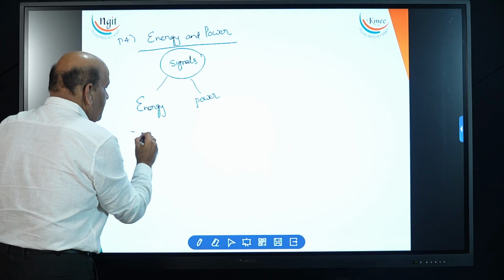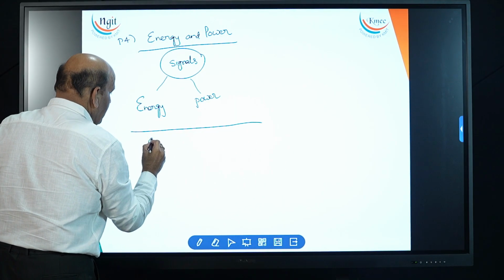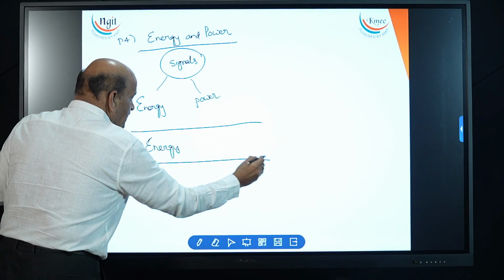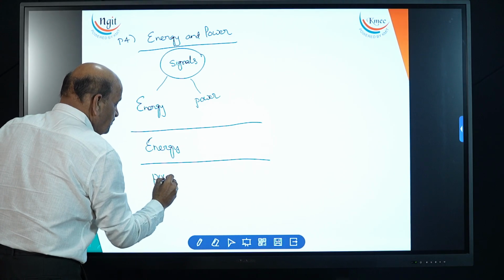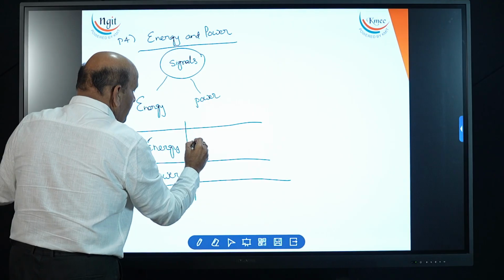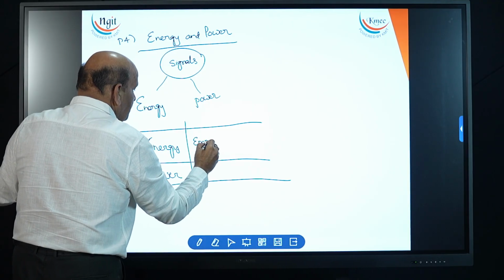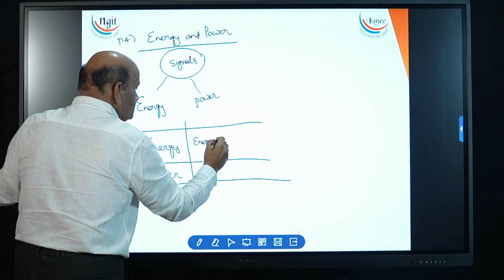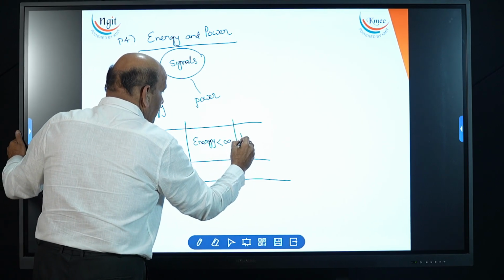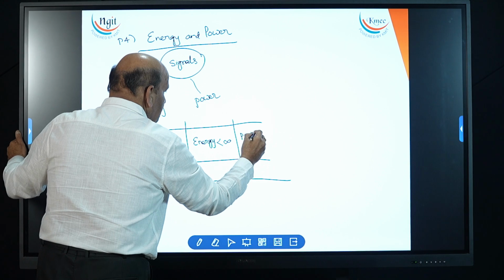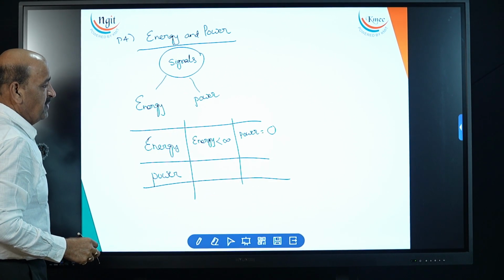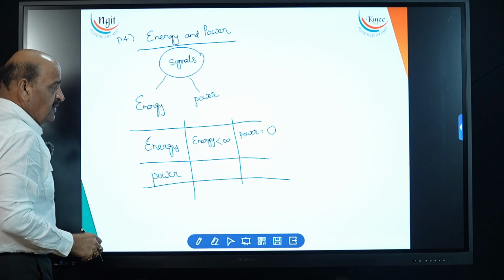Now just look at, in an energy signal, energy is less than infinity and average power equal to 0. Zero means what?